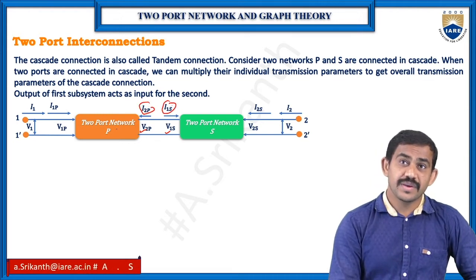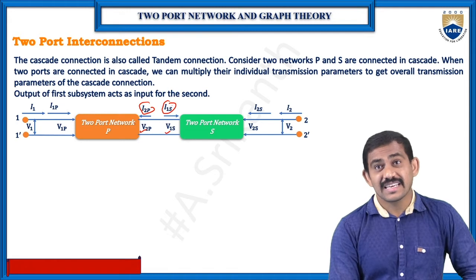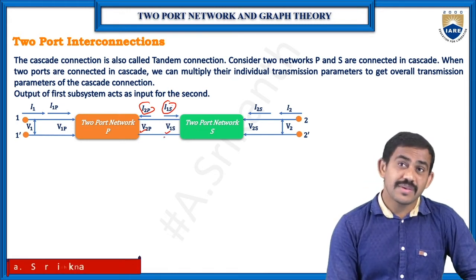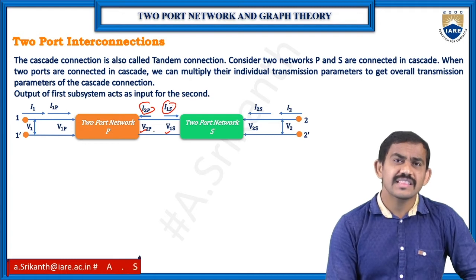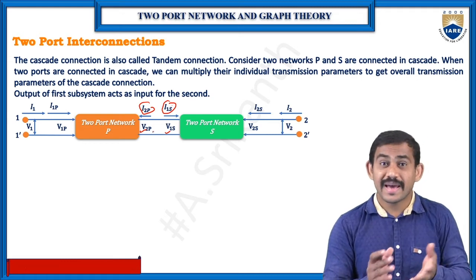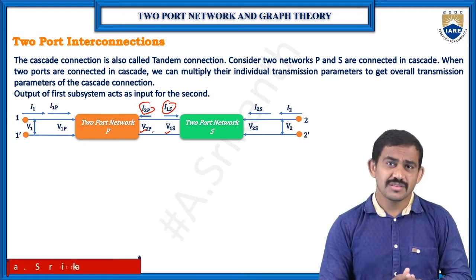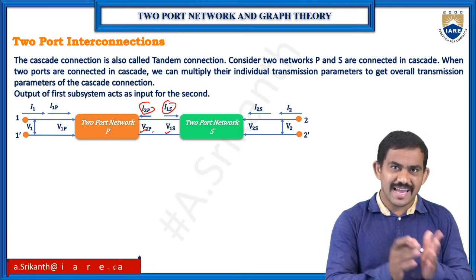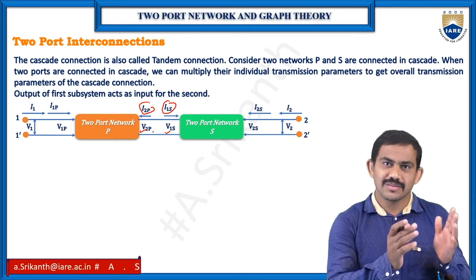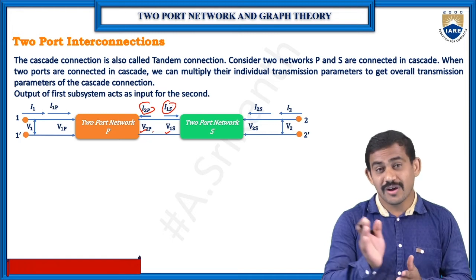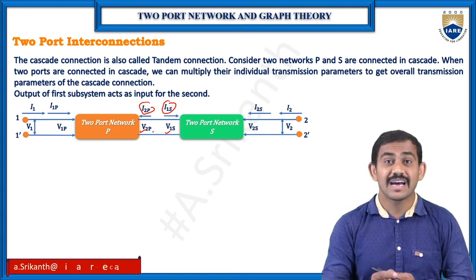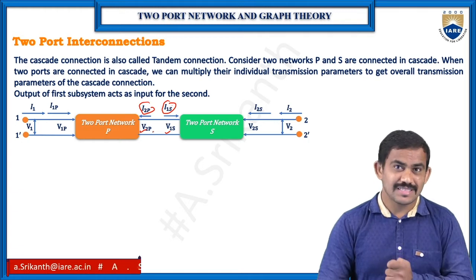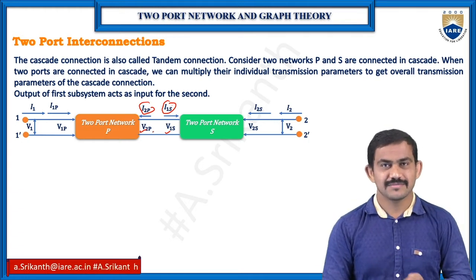So the P network secondary side current and the S network primary side current are both in reverse direction. So when the direction is reverse, which parameter do we need to use? Then we need to go for the transmission line parameters, that is ABCD parameters.